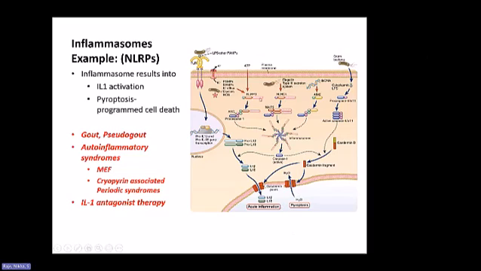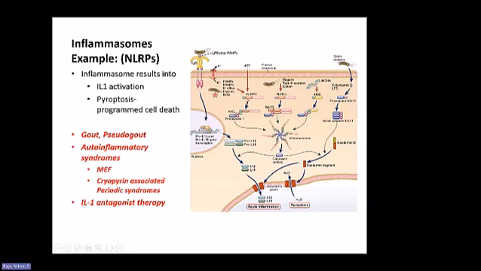However, if there is a gain of function variant in NLRP3, it can lead to an overdrive of activation of caspase 1 so that it continues to activate IL-1 beta and IL-18, and continuous release of IL-1 beta leads to fevers or periodic fevers.